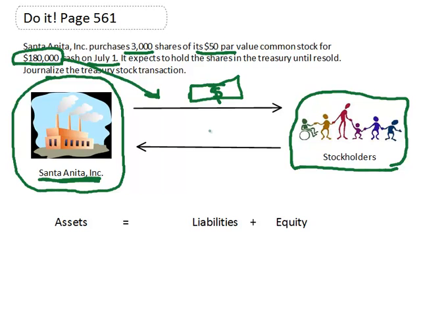What did they receive? Look what it says right here, what they purchased, 3,000 shares. So the stockholders returned to the company the stock certificate that was originally issued when they bought their shares. So the giving is cash, the receiving is ownership. They're receiving back the ownership, and the amount is $180,000.